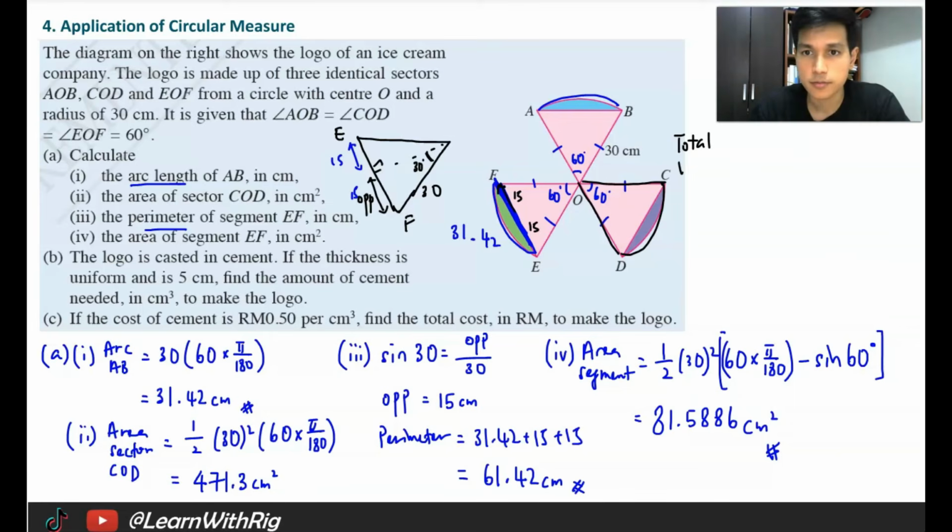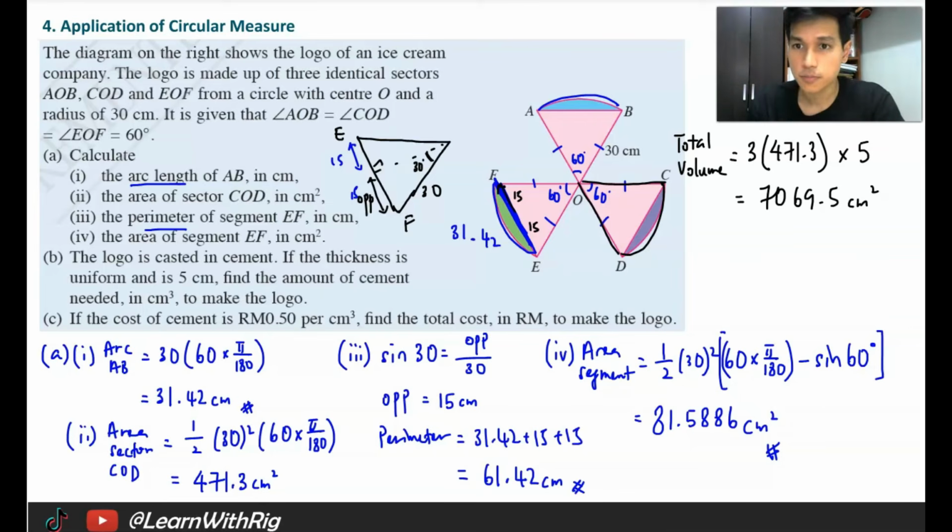They ask for volume, right? Equals to, what's the area? Area of the whole sector, right? So you got COD is this area, one area of the sector. So you take 3 times of that, which is 3 times 471.3, and then you times 5 cm, because that's the thickness. So in the end, you should get 7069.5 cm squared. Okay, sorry, cm cubed, because it's a volume. Okay, so that's how you find the volume.